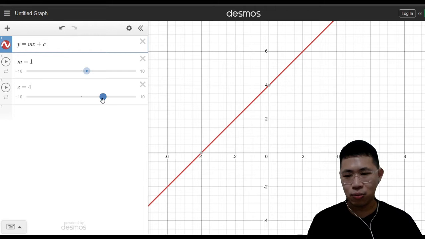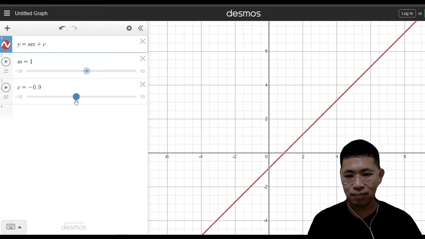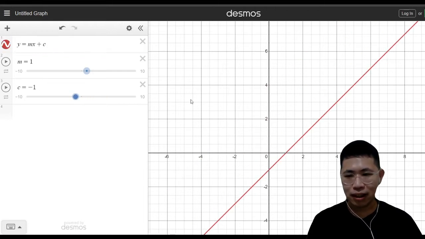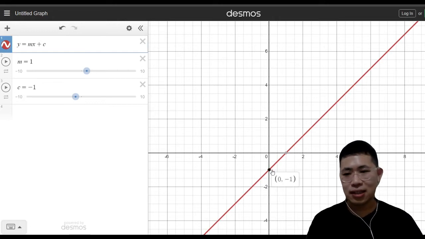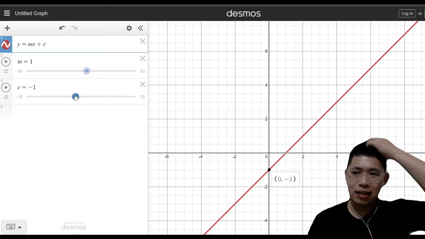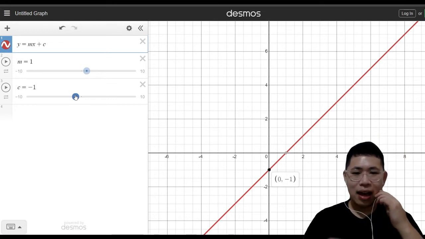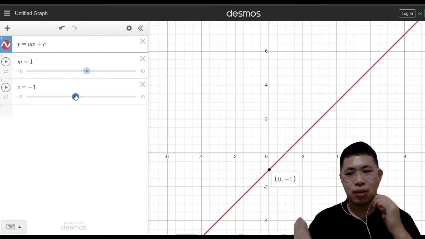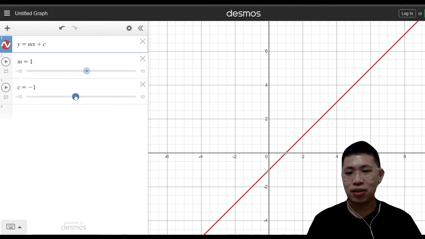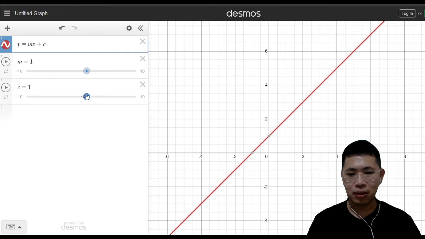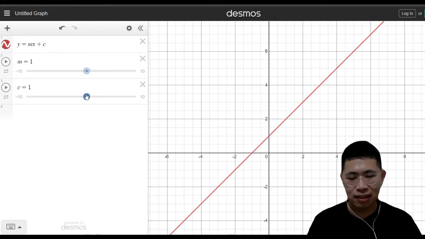If I were to move down to -1, my y coordinate again is going to be -1. So this c is actually the y-intercept, and this y-intercept controls the position of the graph. So let me move this up to a favorable position.